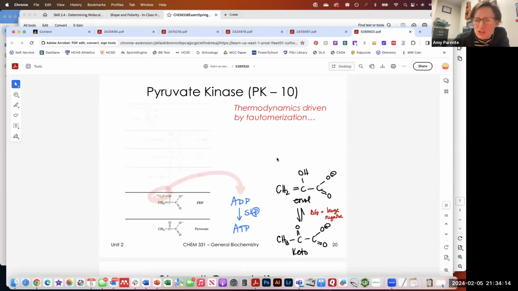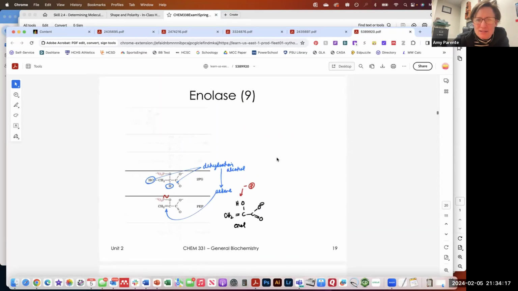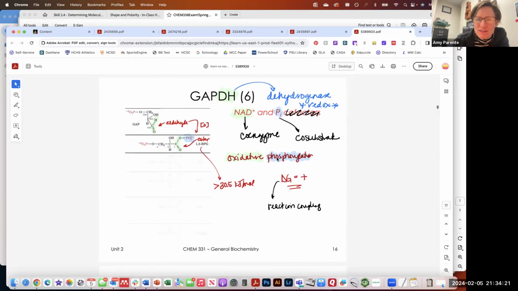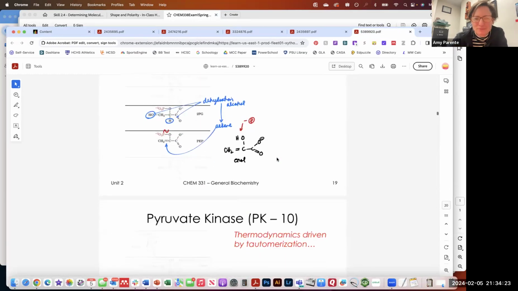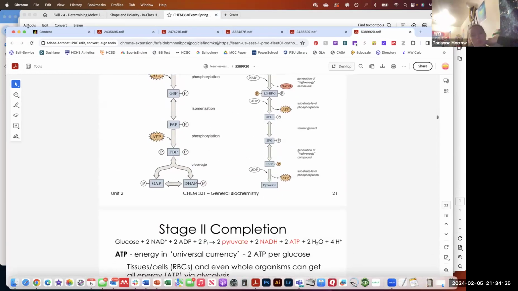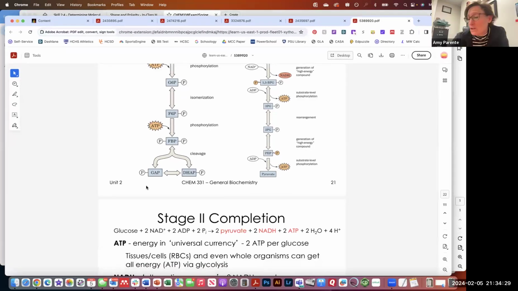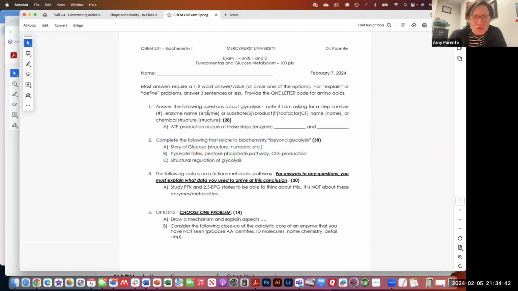All right, any other questions or details on different enzymes or chemistries that we have here? Are we going to have to be able to draw any of the structures? You might. Yep, I'm not going to ask you to draw all of them. There's not time for that. But one of those questions on that first part, you may have to provide a chemical structure.